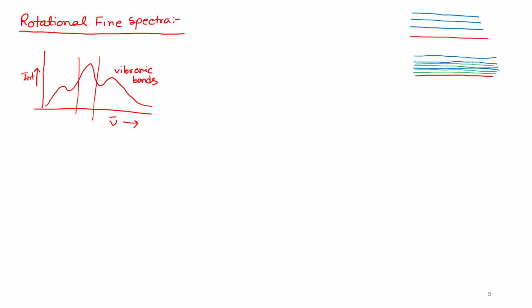What I'm trying to say is that we are using the Born-Oppenheimer approximation, where we have started dealing with the electronic and vibronic states. If we have a high resolution spectrophotometer and we want to zoom into these vibronic bands, then we might see something like this from this band.